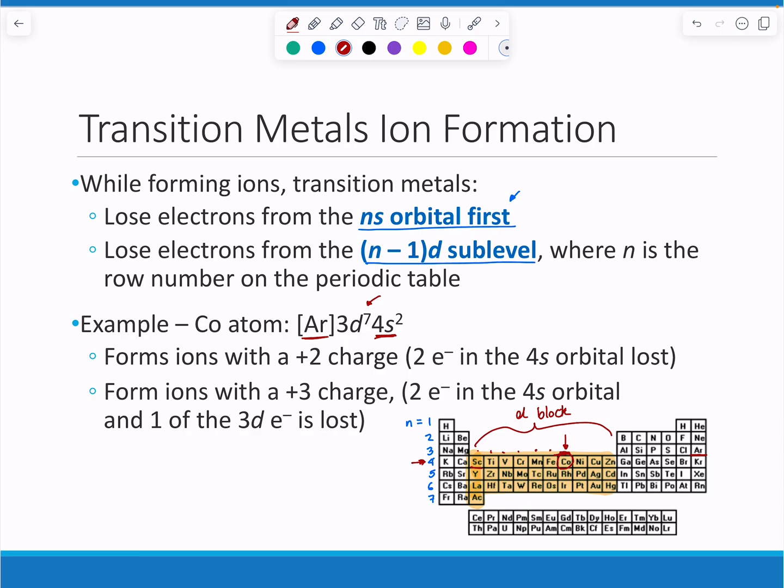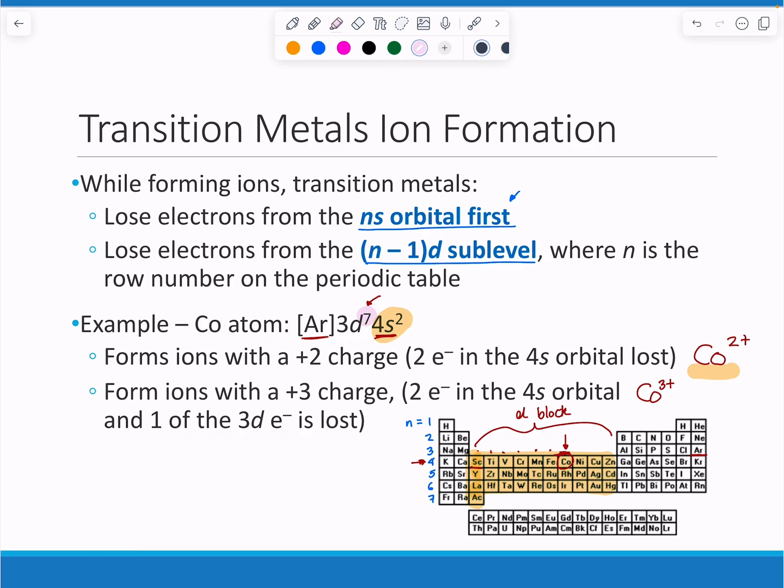So it turns out that cobalt can form 2 different ions. It can form what we would call a cobalt 2+. If it forms cobalt 2+, it loses those 2 electrons that I just highlighted. The other ion it can form is cobalt 3+. To do that, it's going to have to lose 1 more electron, and that electron is going to be 1 in the d orbitals.